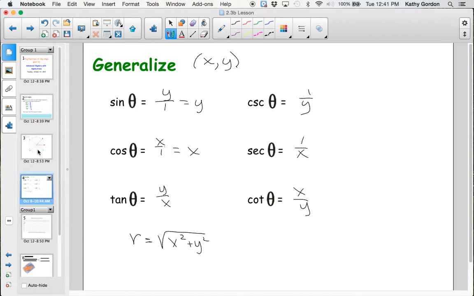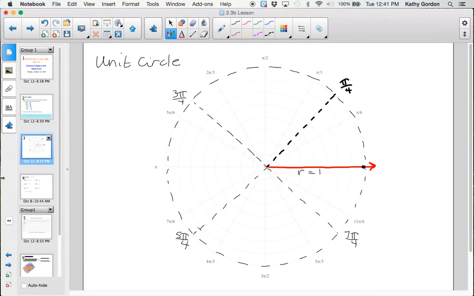Okay? So if I were to rotate this a bit, and let's say I end up at pi over 3 as my angle. This point, as I rotate it around, and it ends up right here, that's, again, the point where my terminal side and my circle are intersecting.